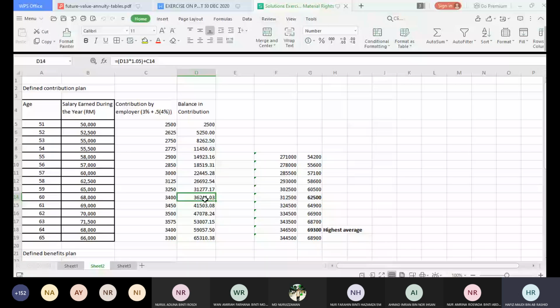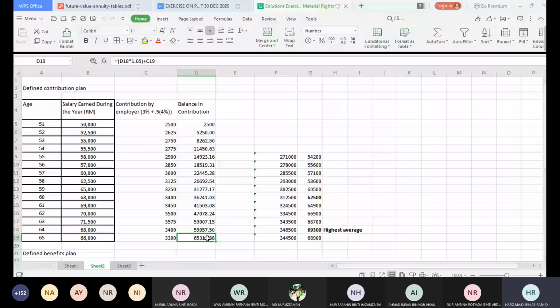Okay, and I think we have basically discussed the accounting treatment, due to the nature of fixed contribution by the employer in the defined contribution plan. Accounting treatment is straightforward, just like how you treat the short-term employee benefits.